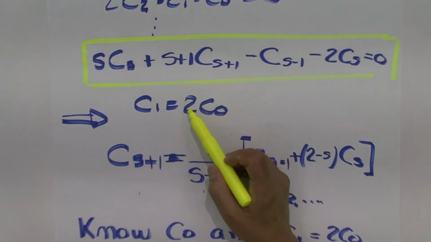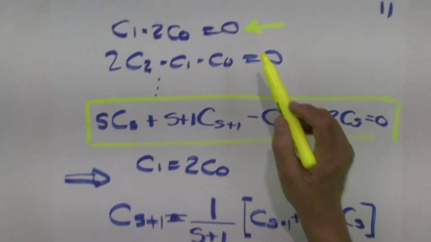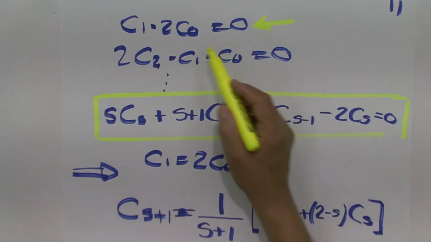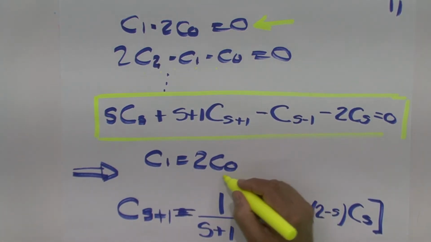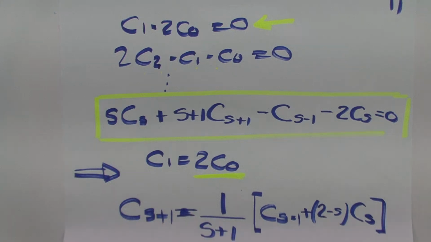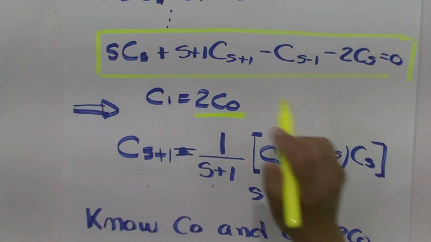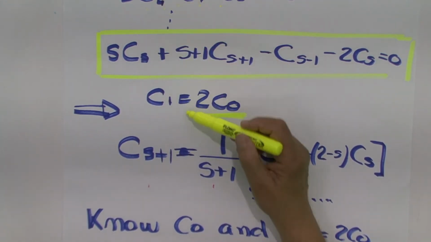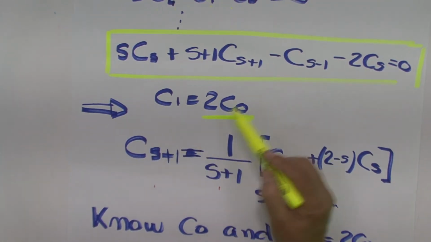And the first equation allows me to obtain C1. C1 is 2C0. I know who C0 is, that will probably be given by some conditions. Right? Then I know C0, I may get C1. I know C1, I may get C2, and so on.